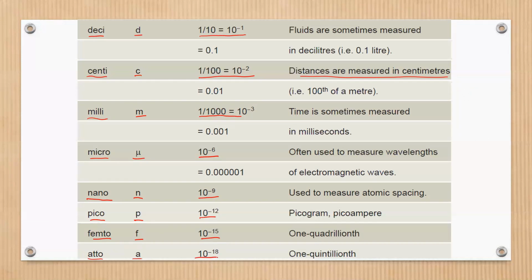Atto, a, 10 to the power -18, 1 quintillionth, very, very small, like 0 point, then 17 zeros, and then 1.